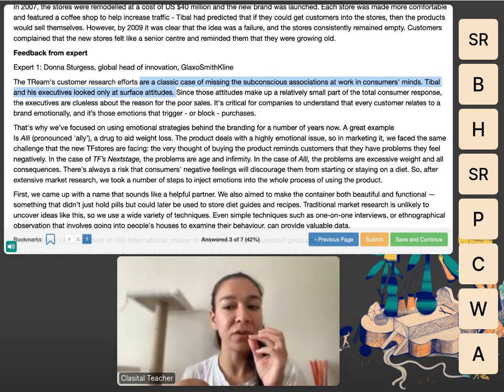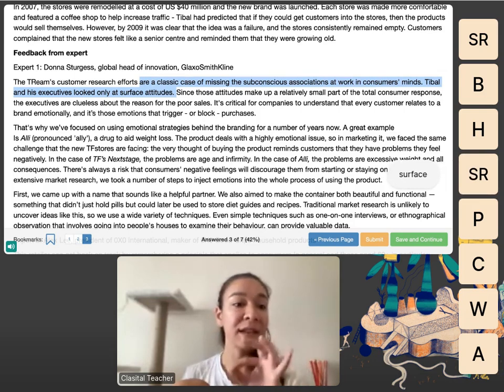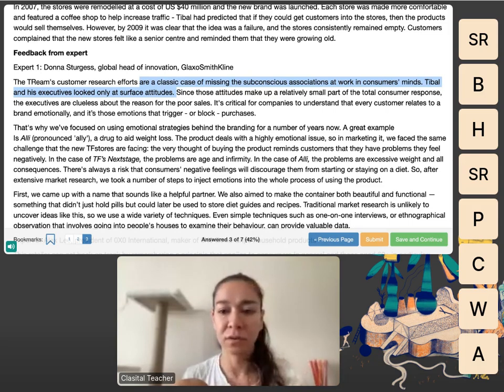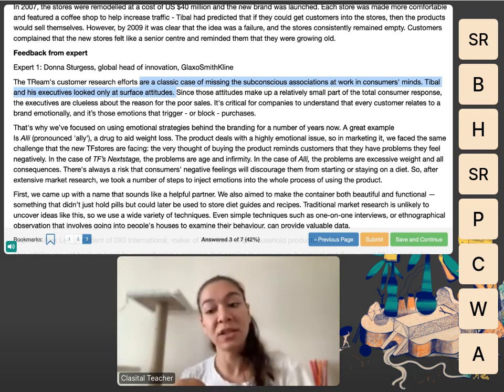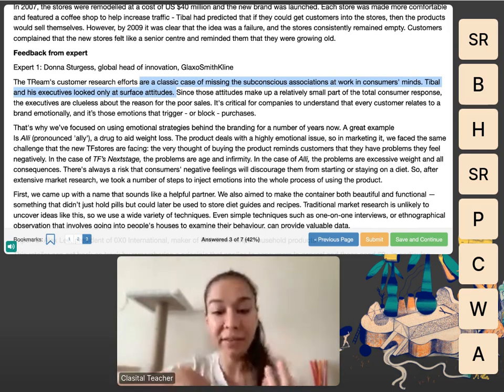Very good, it says surface level. You should understand the meaning of the question, not just the keywords.